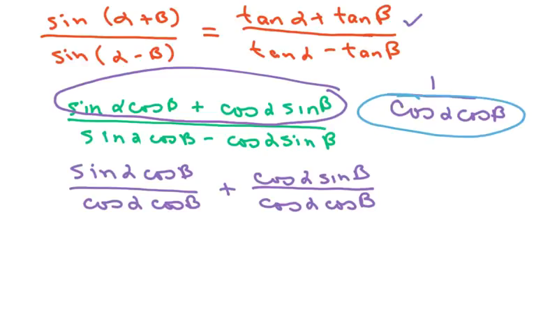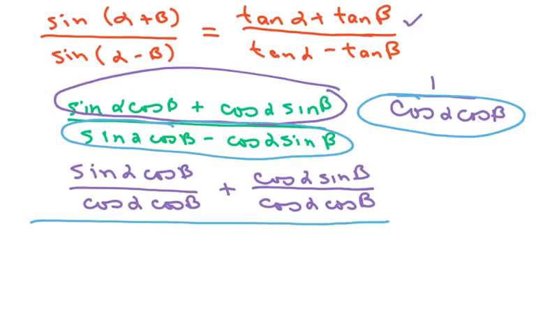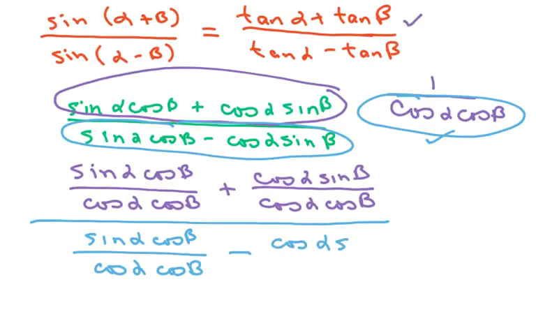Now let's take the denominator and do the same thing. So we're going to copy everything down. Sine of alpha cosine of beta, divided by cosine of alpha cosine of beta, minus, copy this down again, cosine of alpha sine of beta over cosine of alpha cosine of beta. Now, cleaning everything up, let's see what we can cancel out.